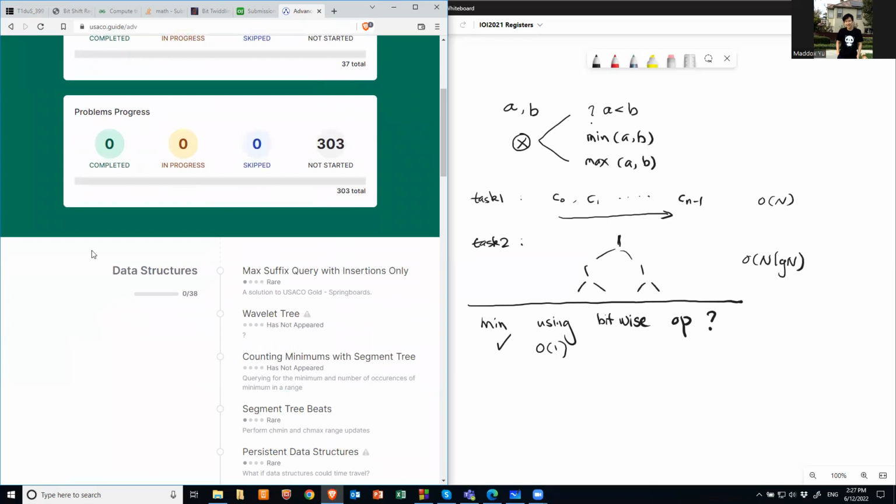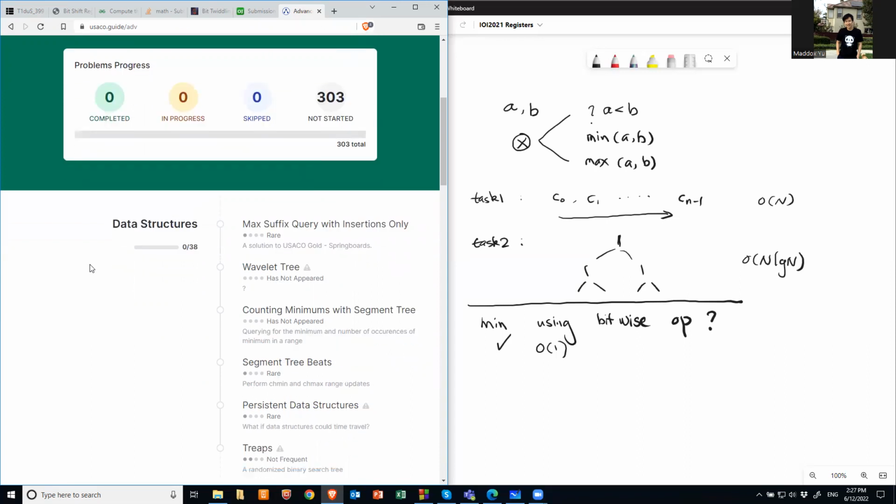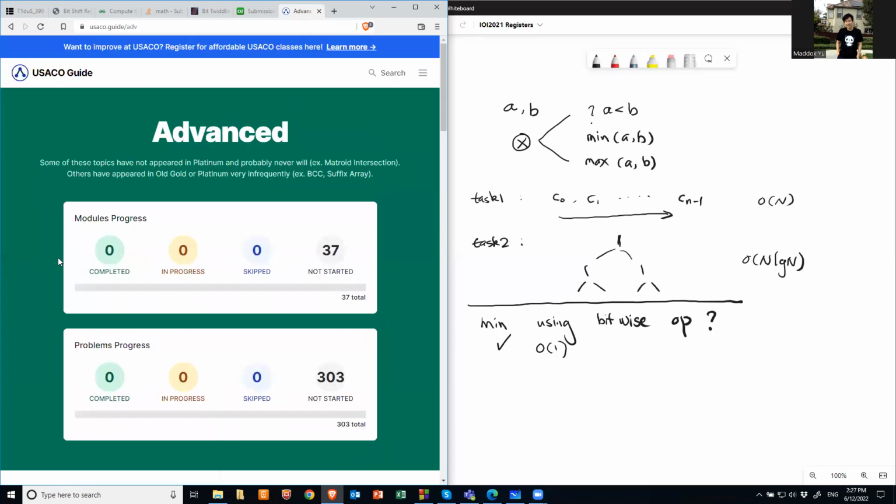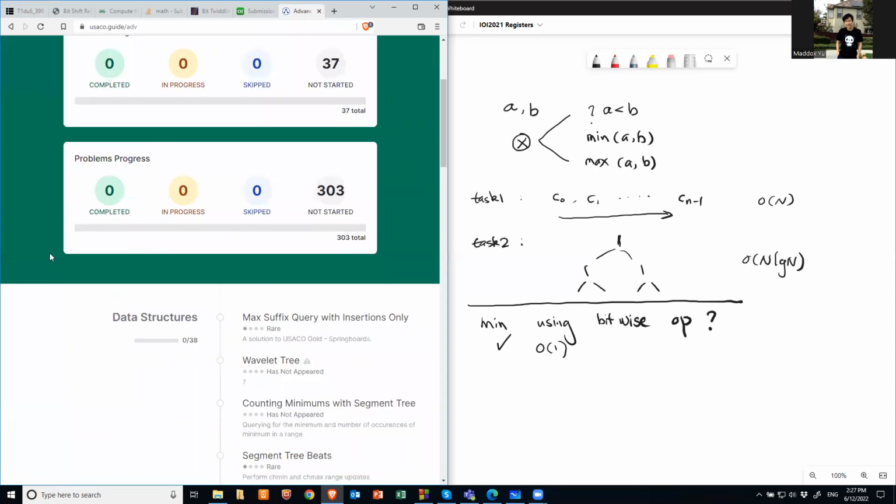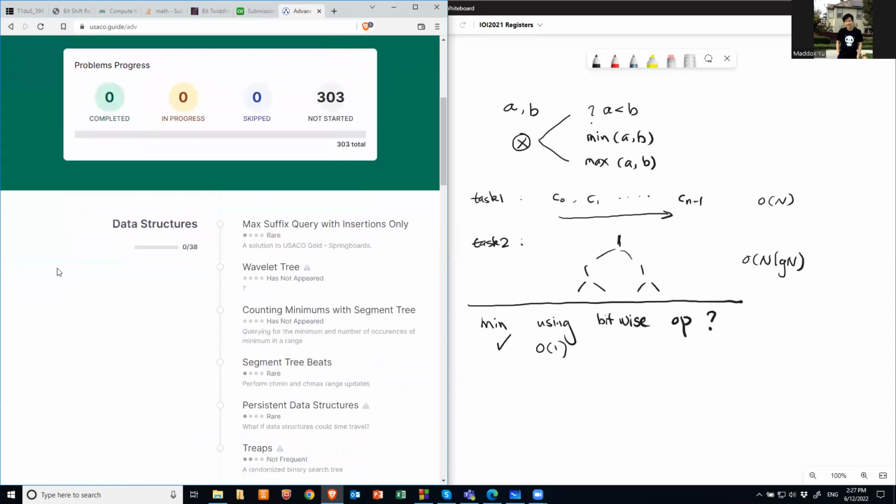The advanced level actually goes beyond even the IOI, but it's really, really useful. Assuming you have finished the platinum, and if you have not, please go finish the platinum class.